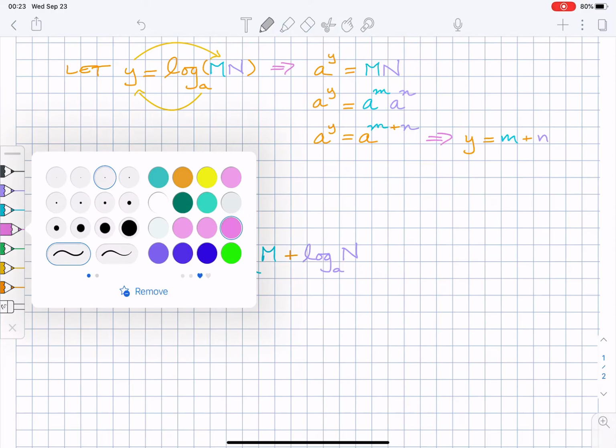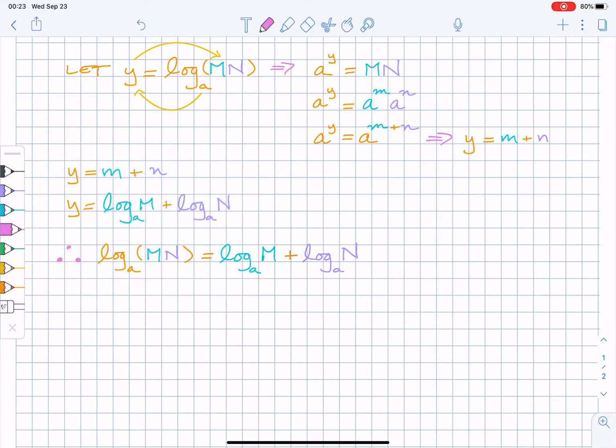I'll write that here. This is the product rule. Don't worry, we will formally define these in a moment. But I may as well put a box around it because it's that important. And we'll write a theorem with it.